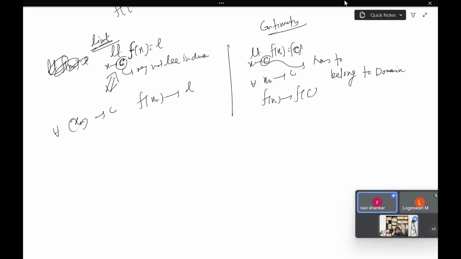I mean, for that, the interval should be closed? It may not be closed, you can consider open intervals, right? So the point should be inside the open interval. That's the point here. The continuity does not talk about anything outside the domain.